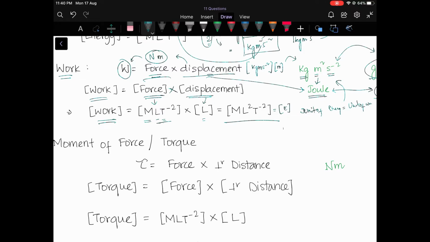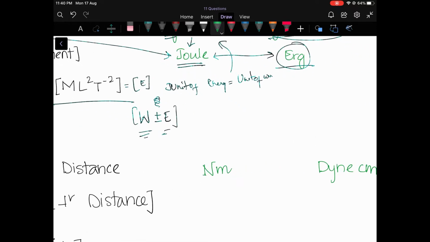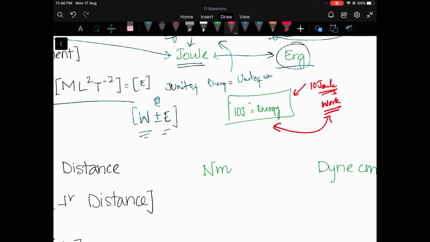That means I can add or subtract work with energy because they have same dimension and will represent the same type of quantity. For example, if you have 10 joules of energy, it also means you can do a work of 10 joules. So work and energy can be thought of as the same type of quantities. That's why they have same dimensions and same units.